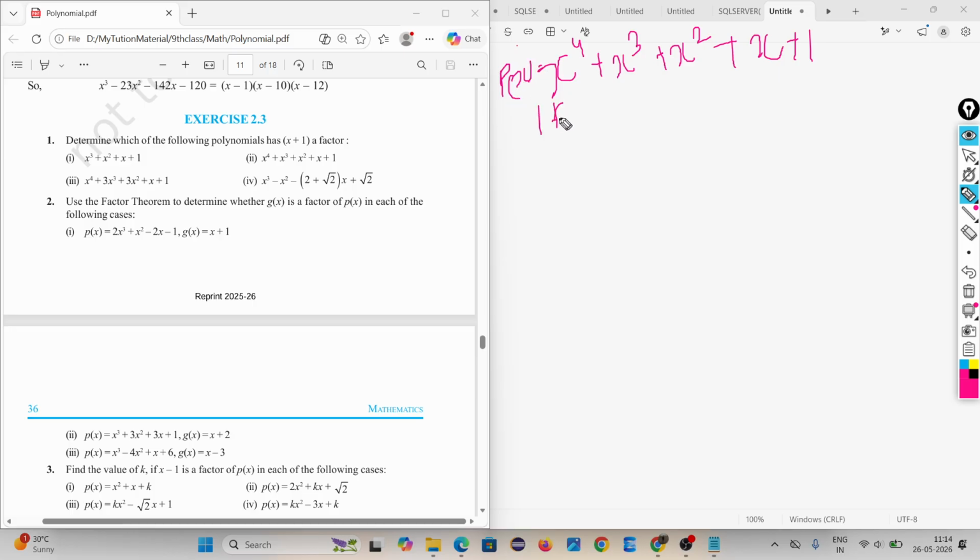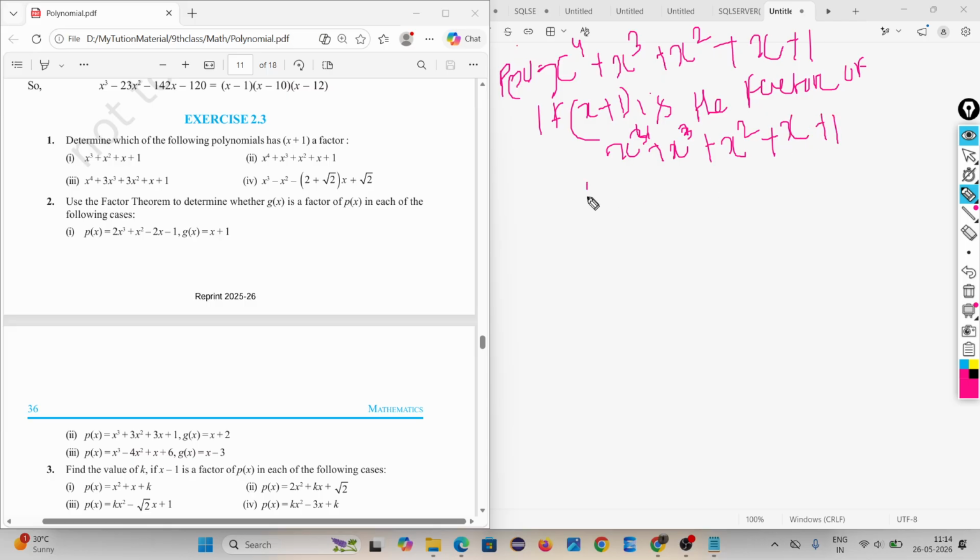If x plus 1 is a factor of x raised to the power 4 plus x cube plus x square plus x plus 1, then x equals minus 1. That means p of minus 1 should be equal to 0. This is from the factor theorem.